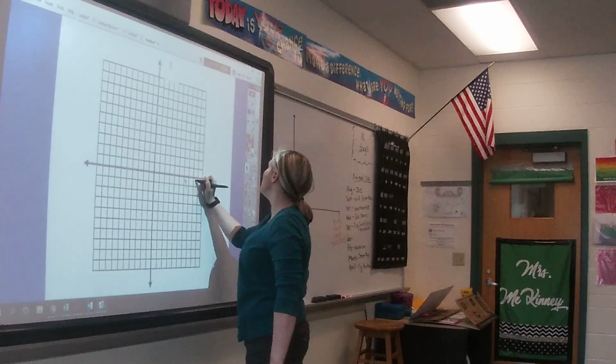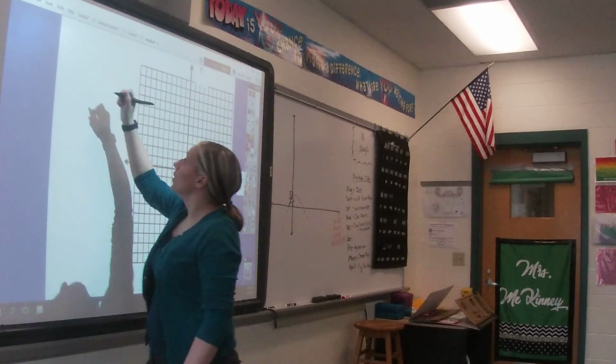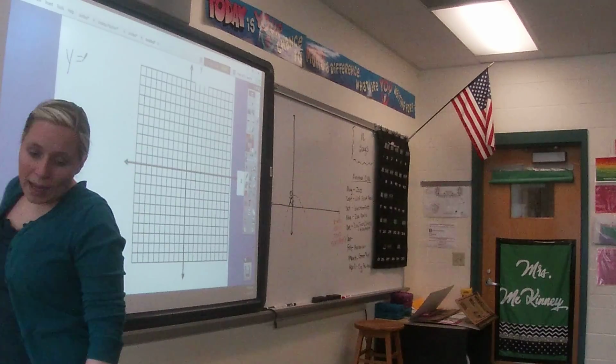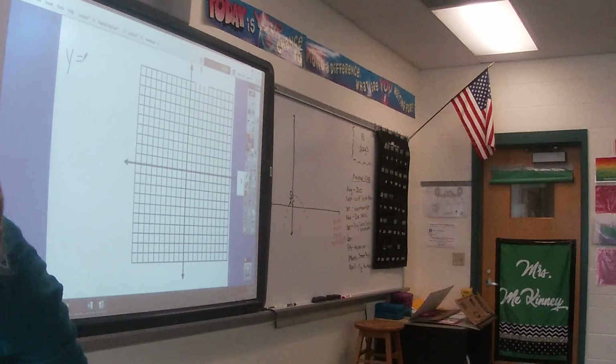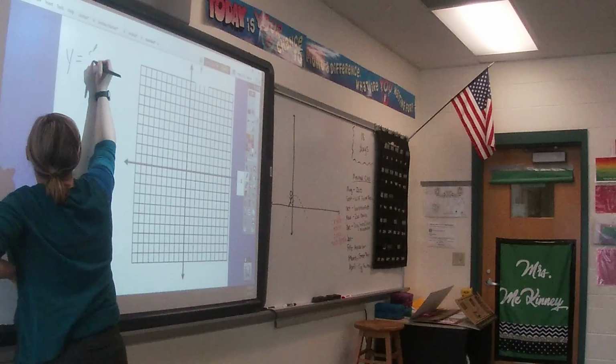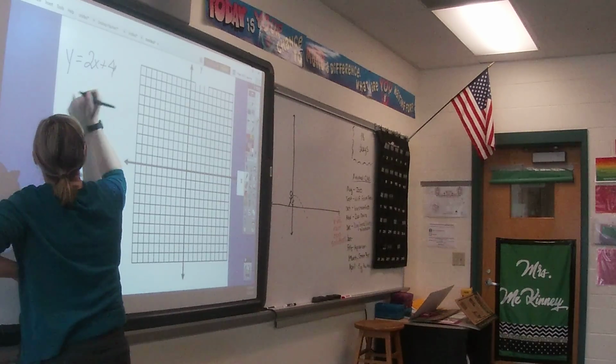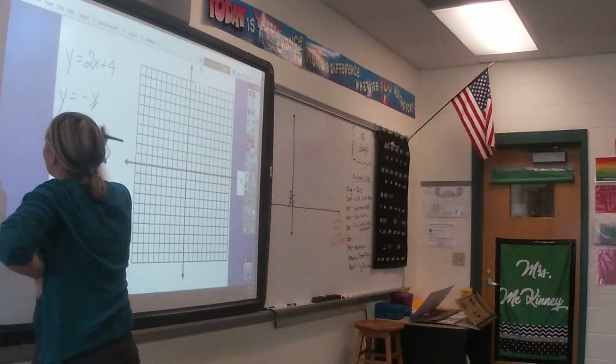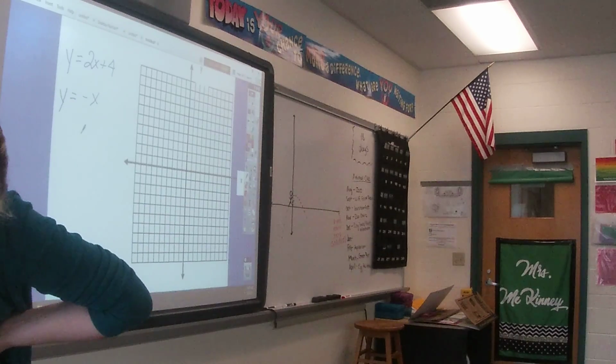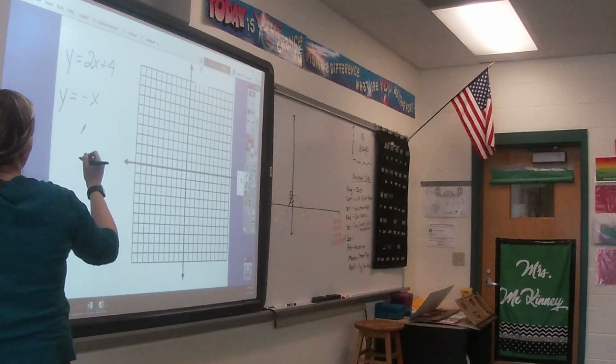Okay, we're going to solve the system: y equals 2x plus 4, and y equals negative x plus 7.